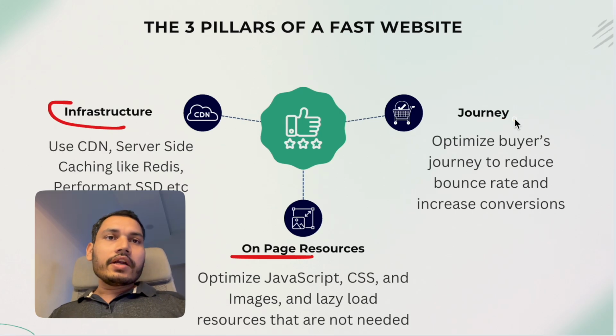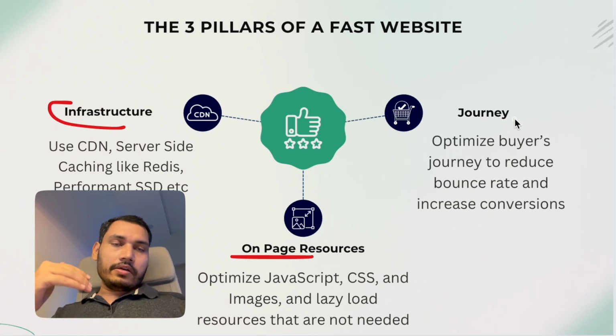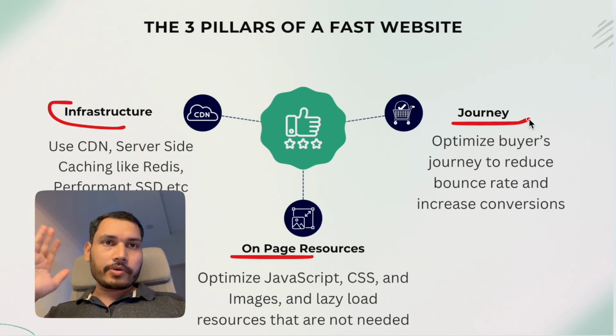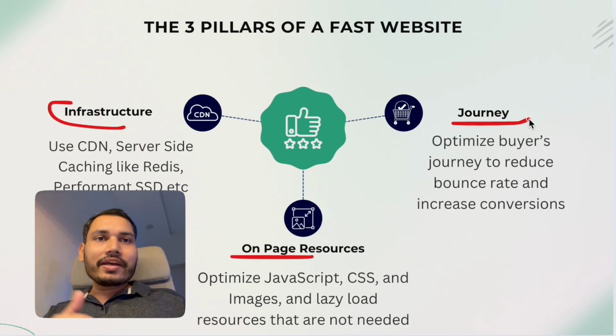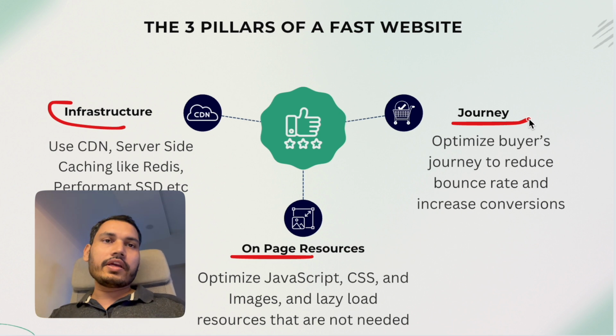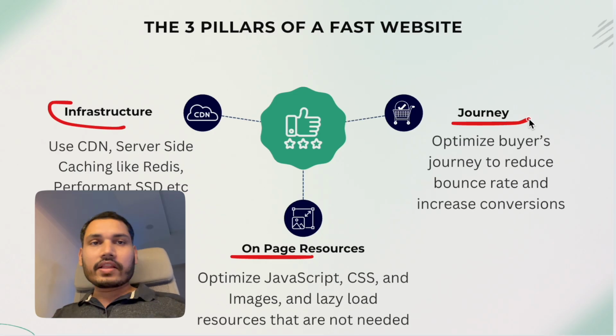Typically for any store, when people land on your home page or your product listing page, they navigate to the product details page, come back and forth, go to another product details page, choose a different variant of the product, and usually the navigation pattern on these types of stores is pretty high. Your buyers visit a couple of pages before they add an item to the cart, and then finally they go to cart and make the purchase.